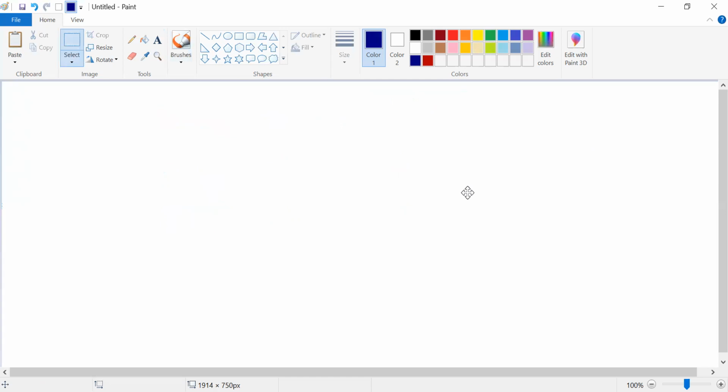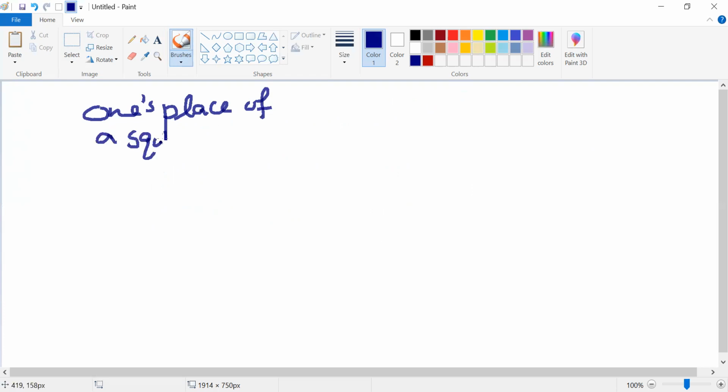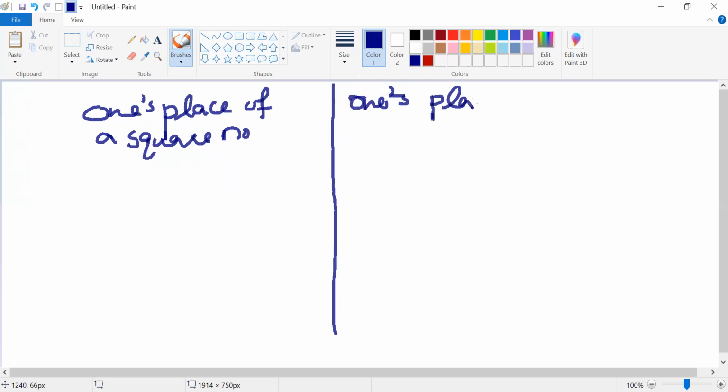That is, suppose we know the ones place digit of a square number given, and you need to guess the ones place of that number. Hope you understood.